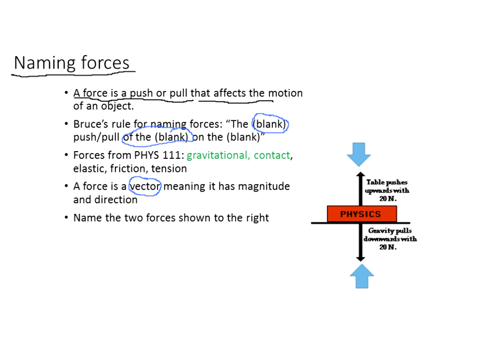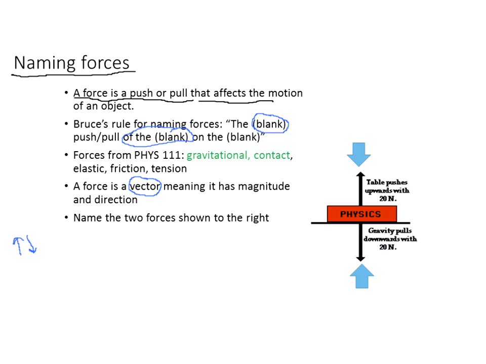Remember that force is a vector, meaning it has a magnitude and a direction. So this force and this force are different from each other, even though they're the same strength. One's pointing up, sort of, one's pointing down. So if we look at the forces right here that my thick blue arrow is pointing to, let's use our naming rule for those.